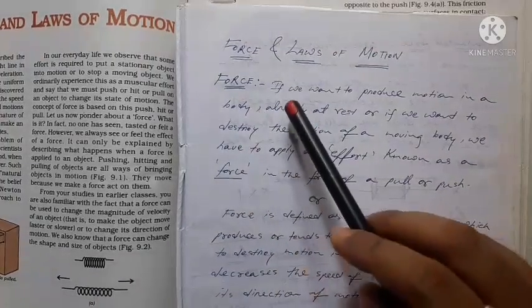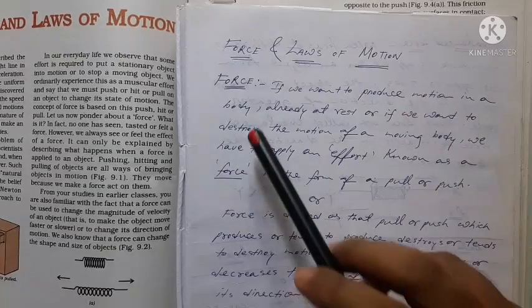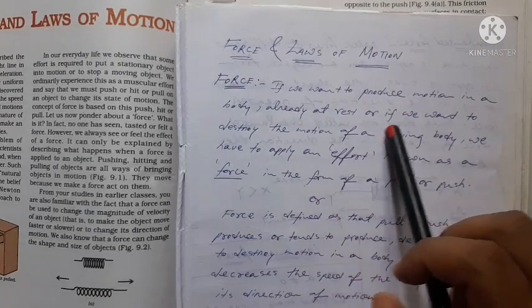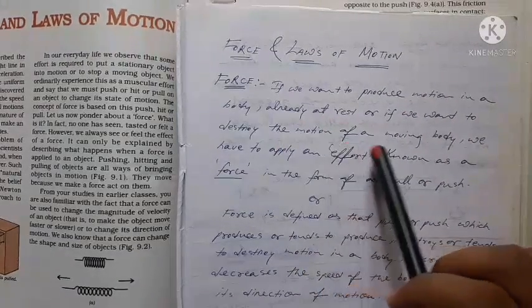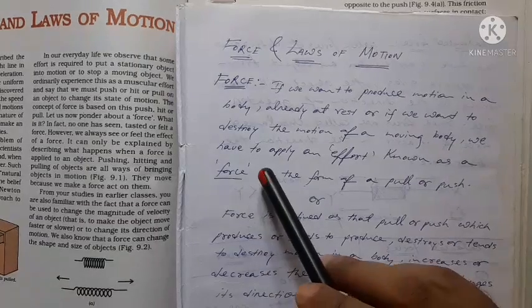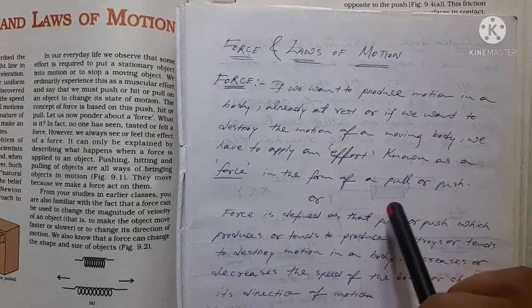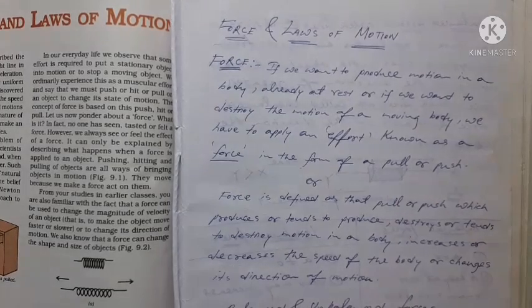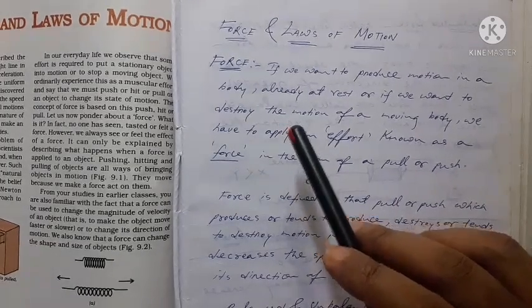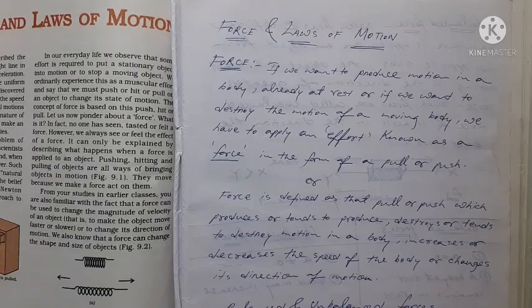Force. If we want to produce motion in a body already at rest, or destroy the motion of a moving body, we have to apply an effort known as force in the form of a pull or push. If we want to stop a body in motion, we have to apply some amount of force.